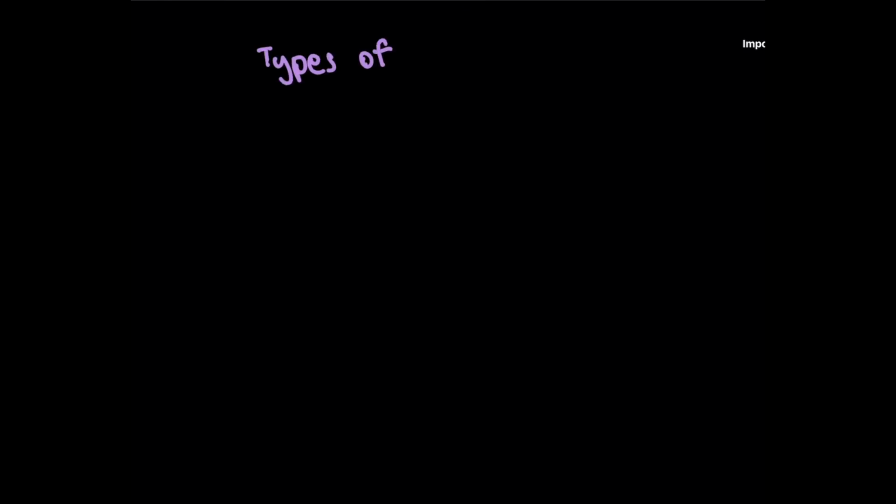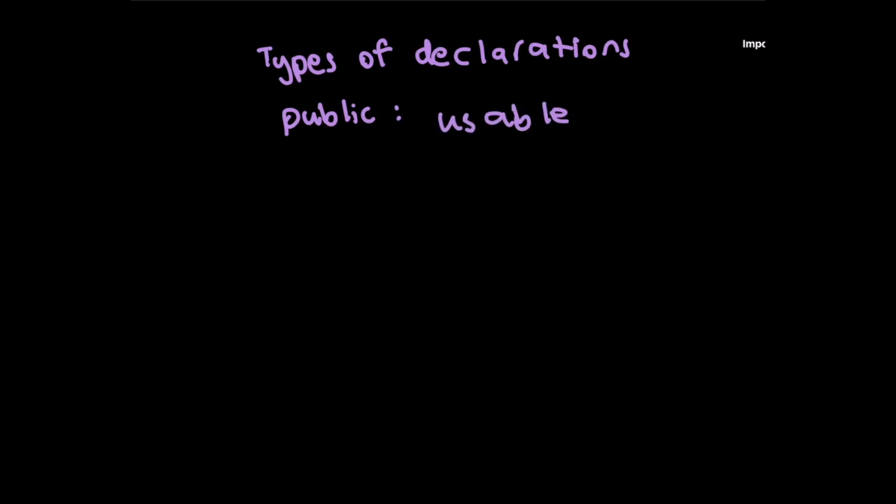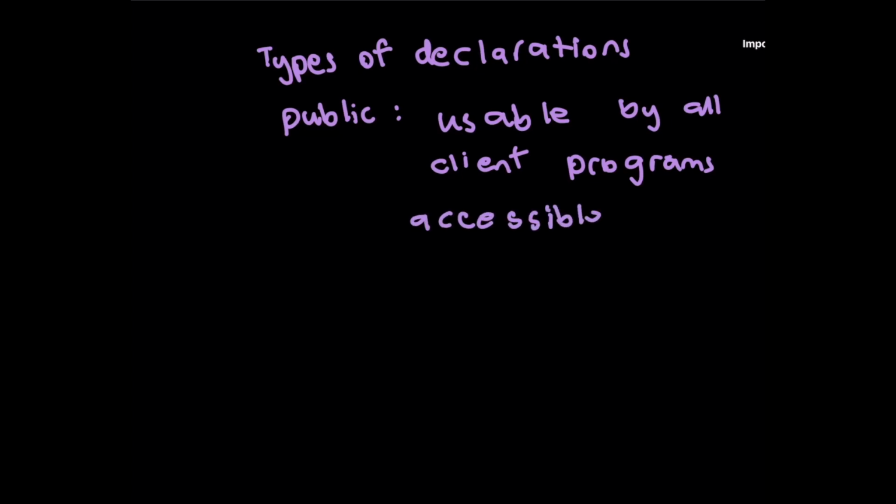Now let's talk about class declaration signals. There are three main ones: public, private, and static. Public methods are accessible to all client programs. Clients, however, are not privy to the class implementation and may not access the private instance variables and private methods of the class.